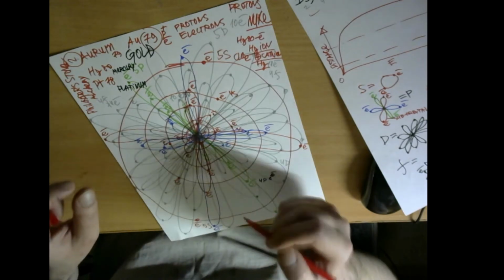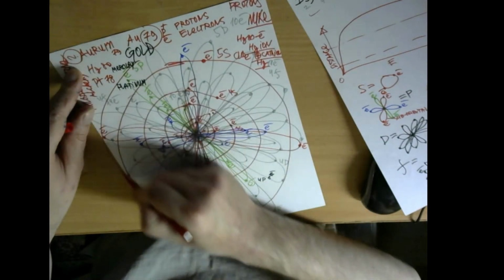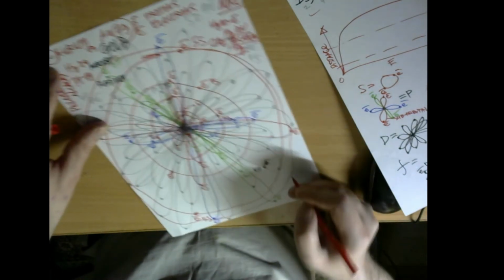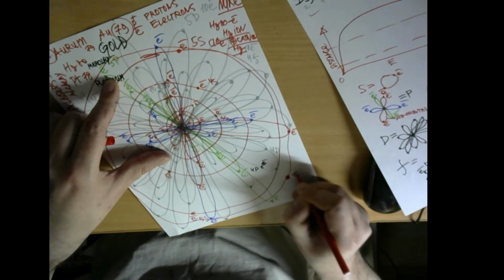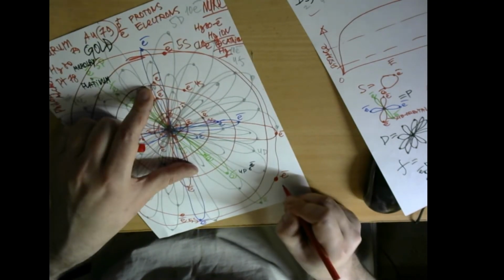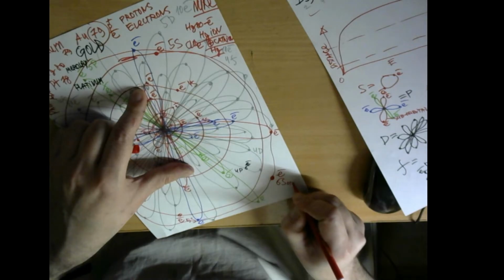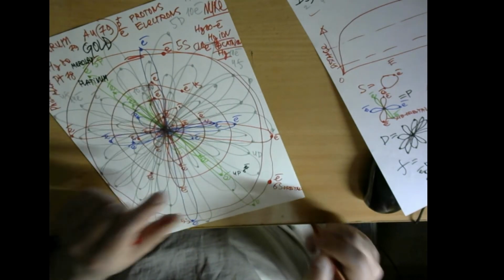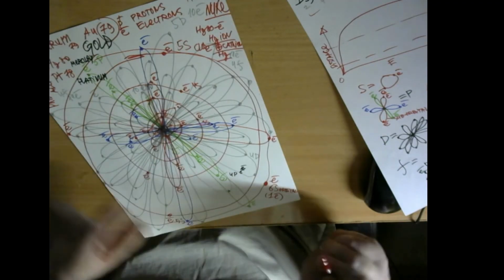We need a 79th electron. So we put another circle right here with just one electron, that is 6s orbital. And it's just one electron.